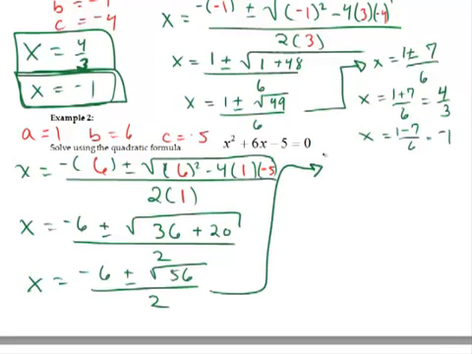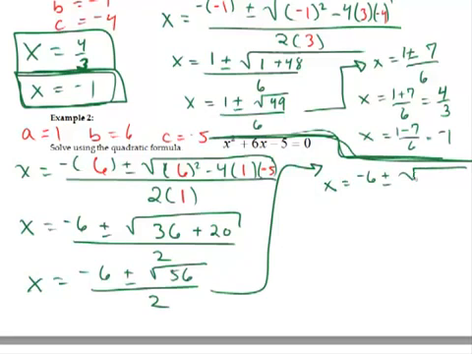So when we try to simplify this one here, we will get x equals -6 plus or minus, try to break up the 56. Let's see, 56 could be divisible by 4. It could be 4 times 14, and then that's all over 2.